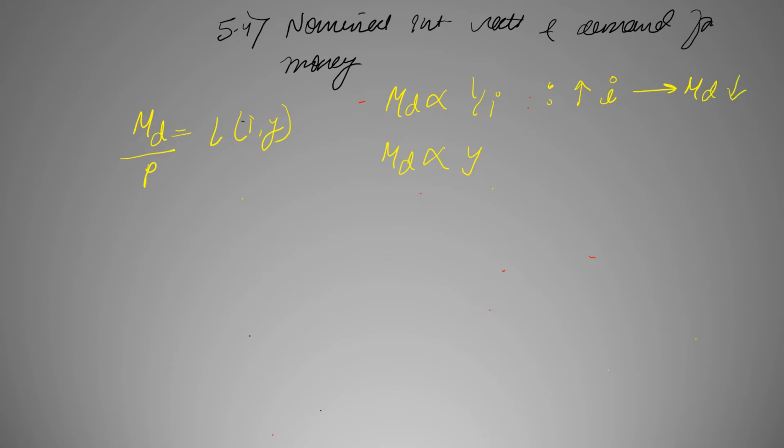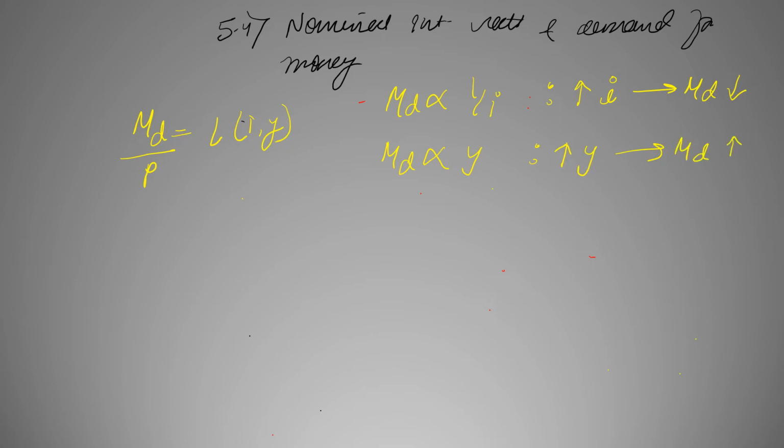If you pay attention to the formula, MD/P is equal to L(i, Y), where MD is inversely related to i and directly proportional to Y. This means if i increases, money demanded will decrease and vice versa. Whereas when income increases, your money demand will also increase.